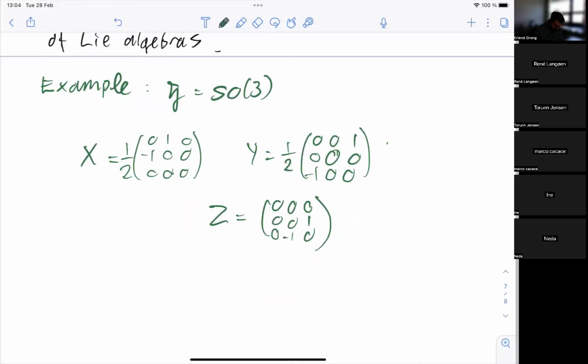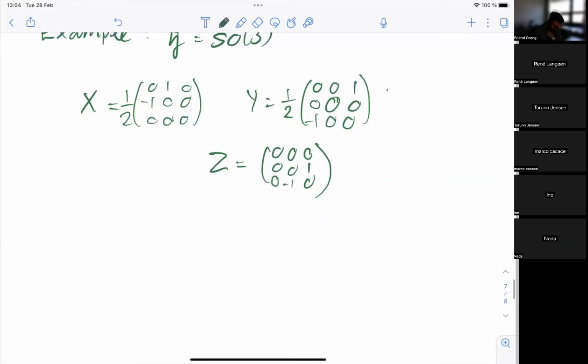If I take x with y, then I get minus 1 there. And if I take y with z, then I get 0. I also get minus y. Let's see. Okay, this is fine. So I'll just keep these names.